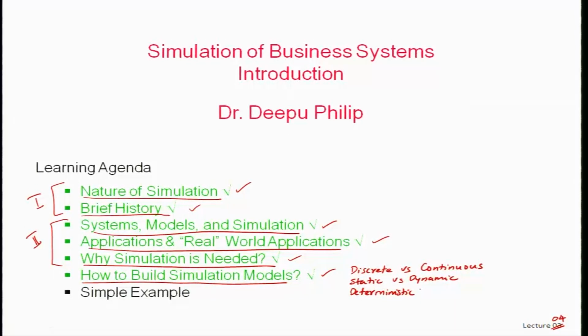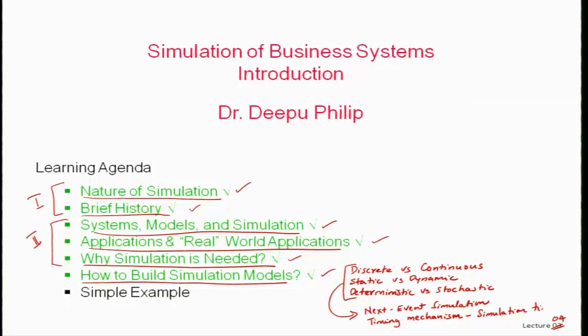And then we also discussed why we are going to focus more towards next event simulation. We also talked about the timing mechanism, and we understood the concept of simulation time. This much we covered in the previous lecture.